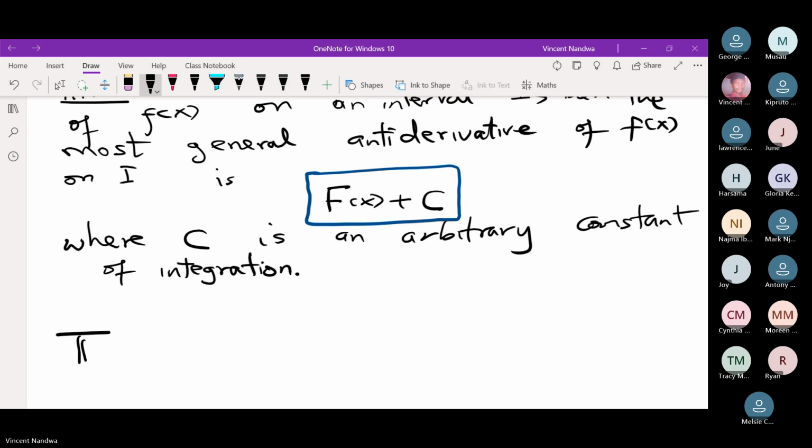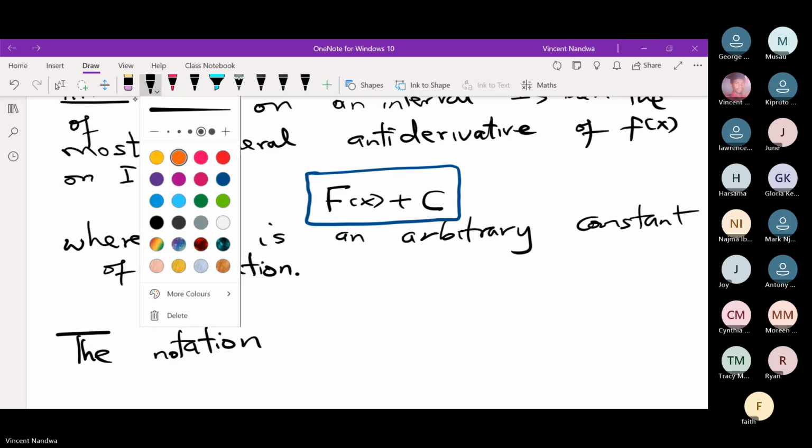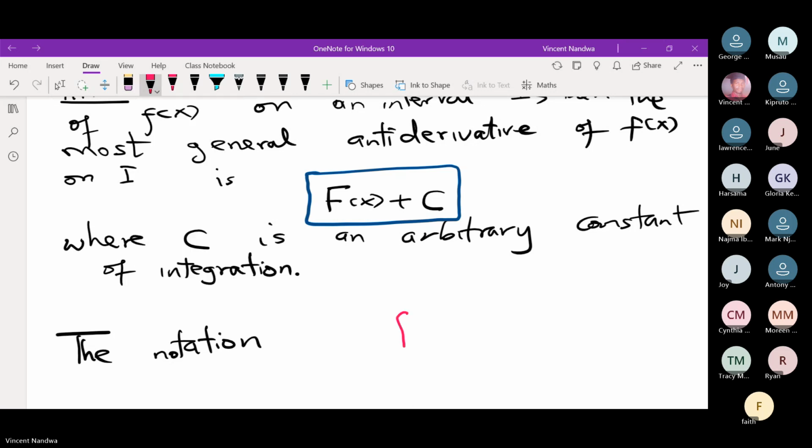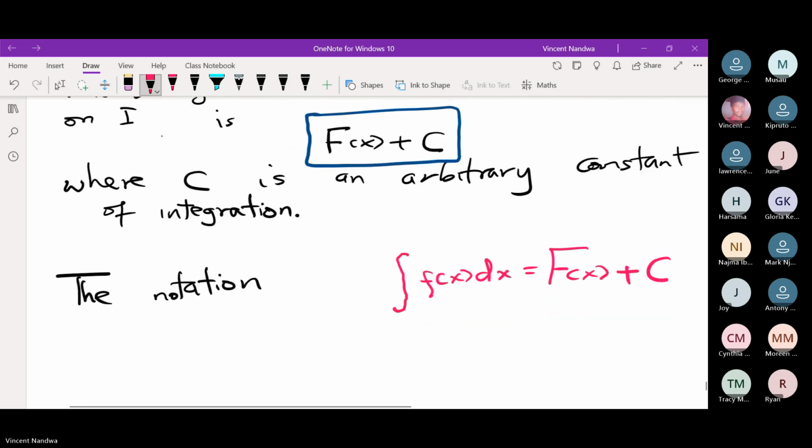So the notation means that if I differentiate capital F of x, I get this function f of x.